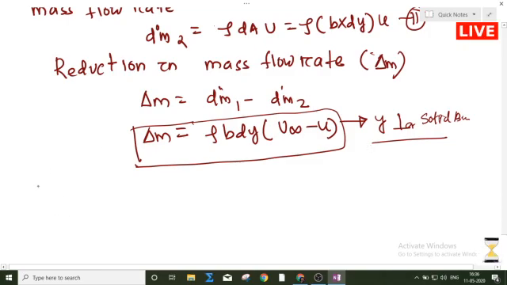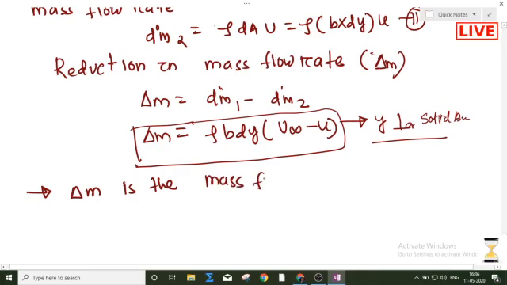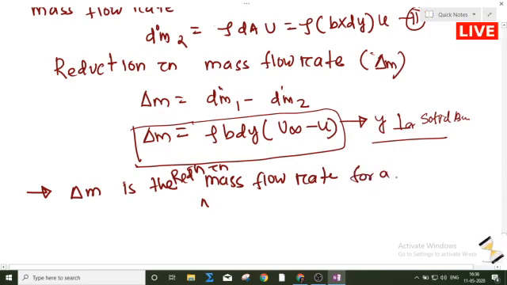So we can write, del m is the reduction in mass flow rate for a distance y from the solid boundary.